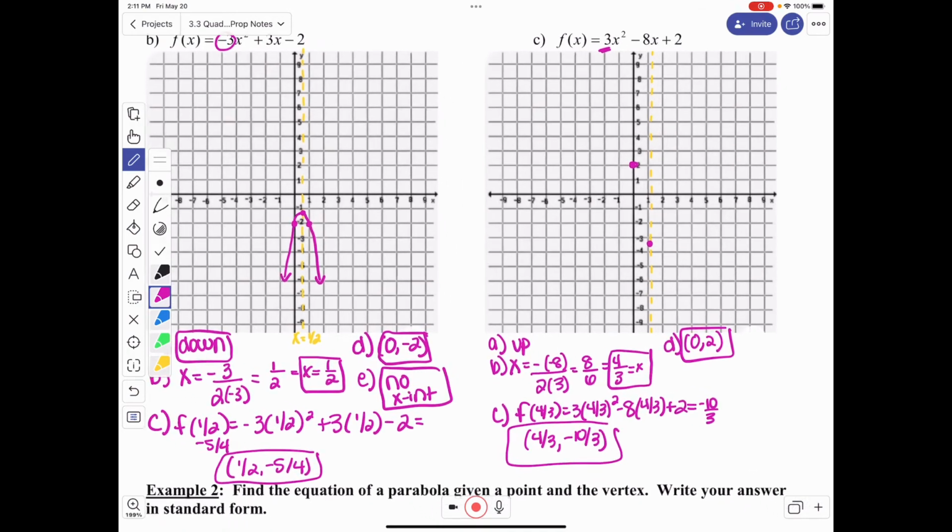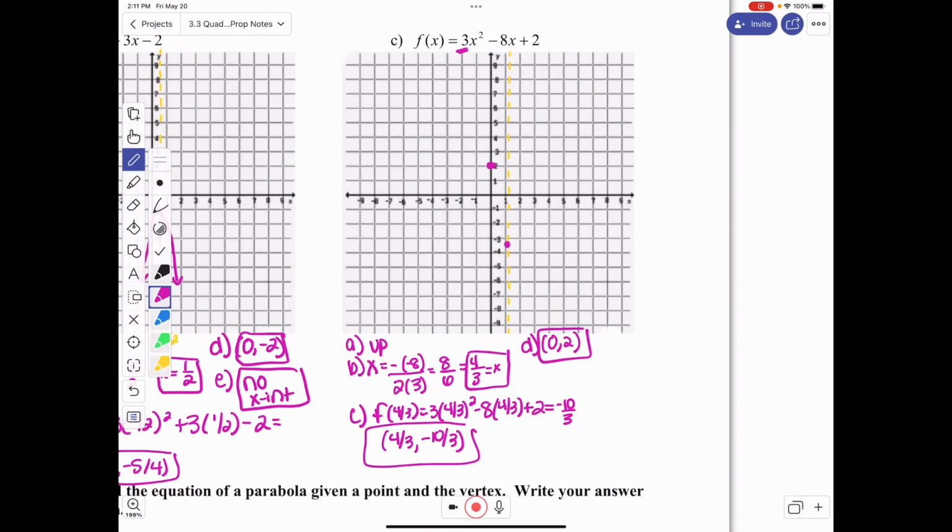Now my x-intercept, I can already see it's going to cross the x-axis. So I need to take the 3x squared minus 8x plus 2, set it equal to 0 and solve. Normally we would factor, but this one can't be factored. So we are going to use the quadratic formula.